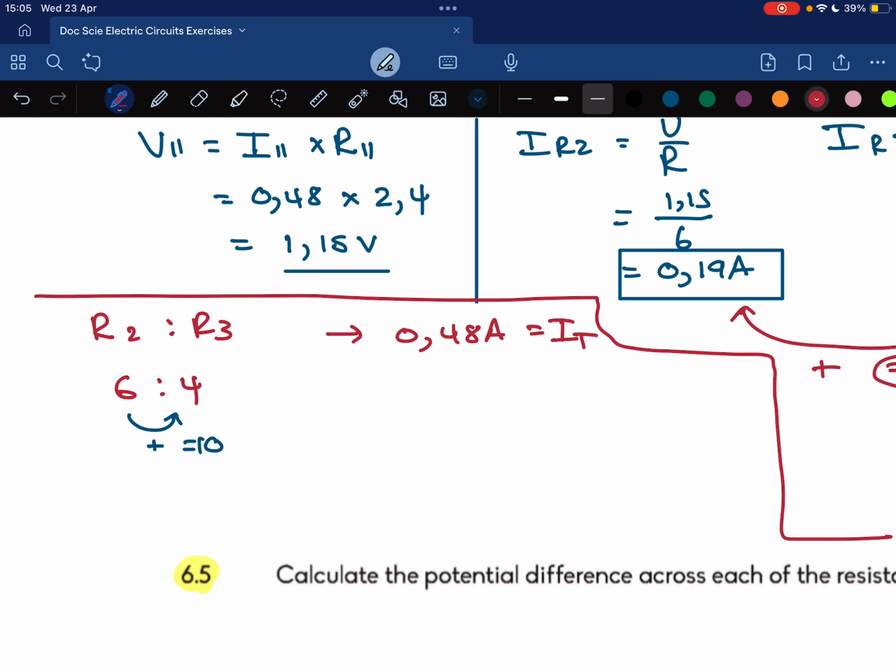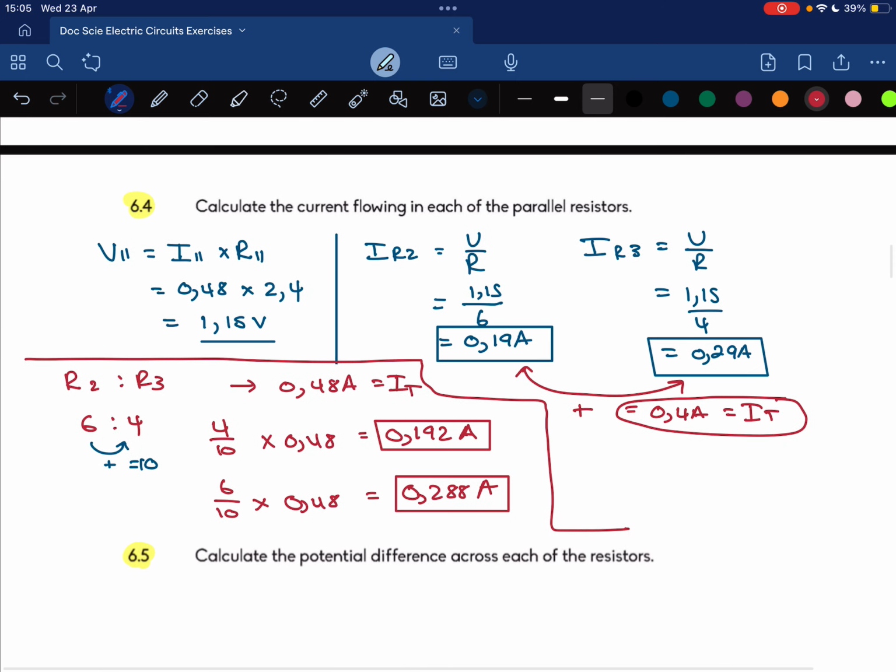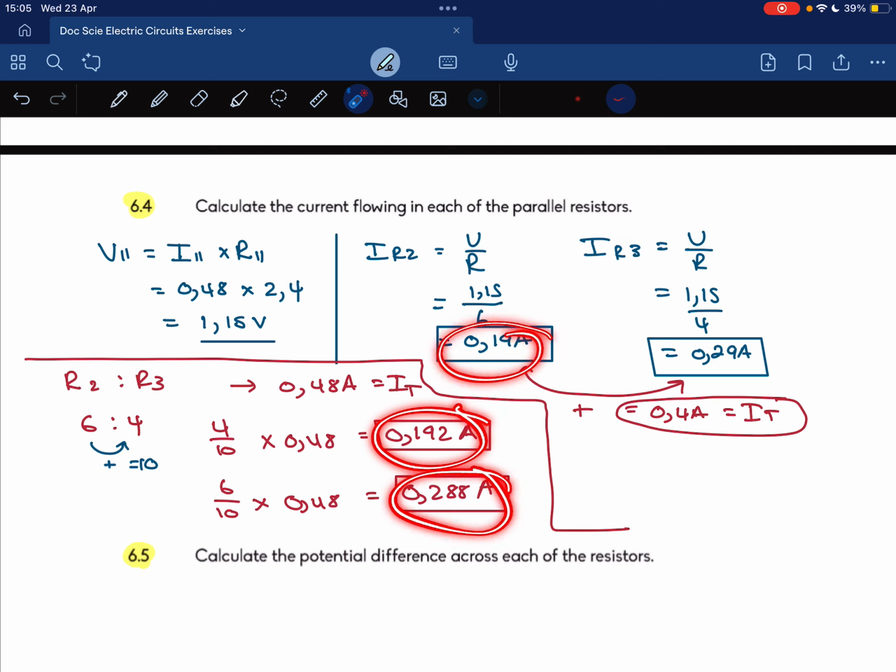So 4 over 10 multiplied by 0.48 would give you 0.192. And 6 over 10 multiplied by 0.48 will equal 0.288 amps. Because the current splits according to the ratio of resistance, notice that both methods get you to the exact same answer.